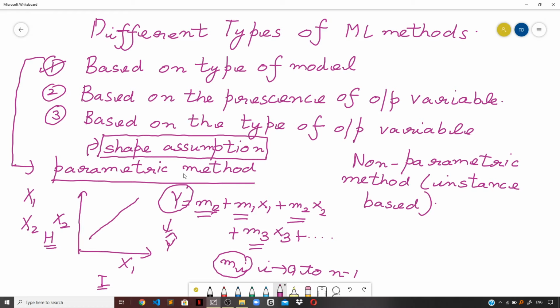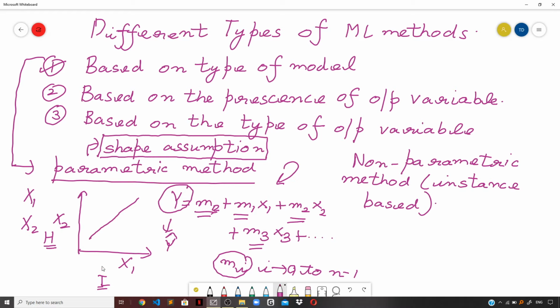Now after you make this assumption, what remains is to determine the parameters of the function. So we have to determine these parameters, which are m0, m1, m2, and any number of such parameters. At the end of your machine learning process, you can predict the value of the output variable y, or you can say an estimate of y, by plugging the values for the input variables into the equation that we get.